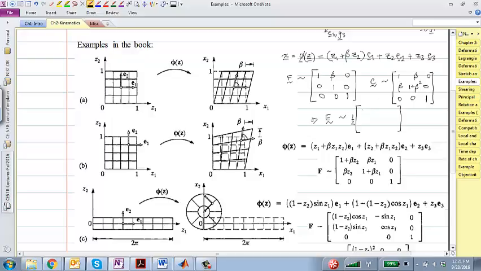The half factor is sitting outside, so I don't need to worry about that. So I get 0, beta, 0; beta, beta squared, 0; 0, 0, 0. That's the strain tensor. Note first of all that the F tensor, C tensor, and E tensor are all constant. They are exactly the same tensor everywhere in this body, which does not always happen, but this is a uniform tensor field.